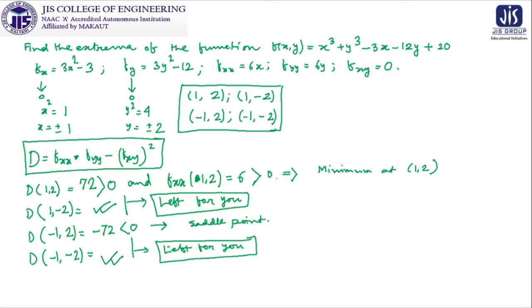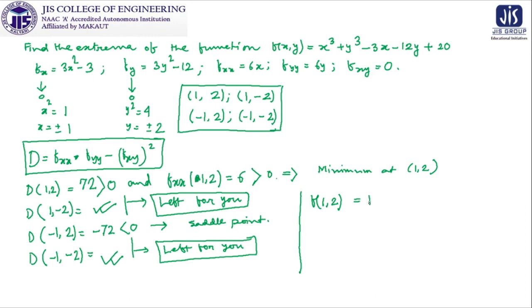Now one thing we must do, sometimes we forget to do that. Once some point is your decision of minimum value, and some point is your maximum value decision, then you must find the minimum value and maximum value. So if you have decided from the first calculation that (1, 2) will give you the minimum value, then your job is to find the value of f(1, 2), and it is nothing but putting 1 and 2 in this expression.